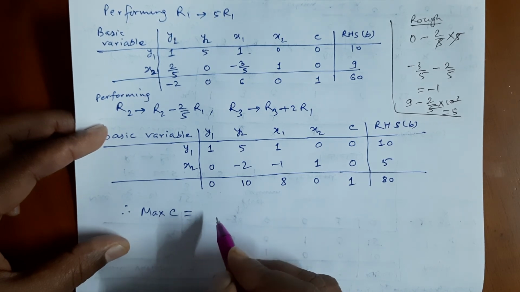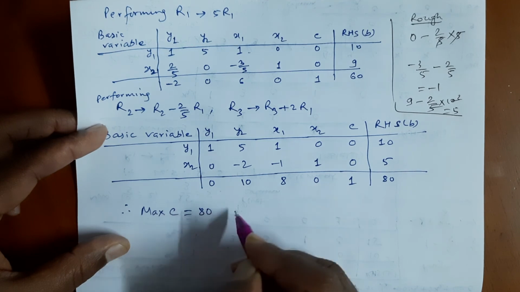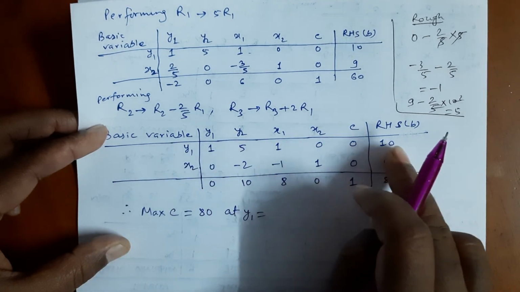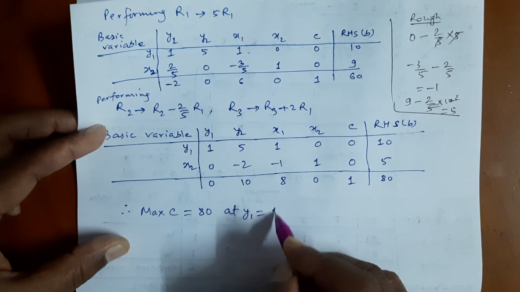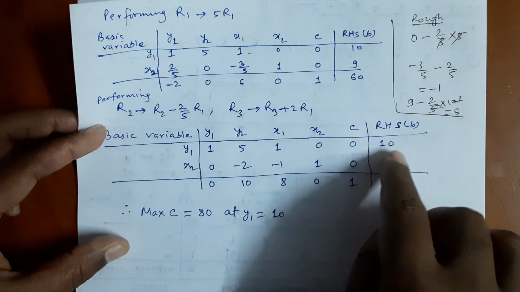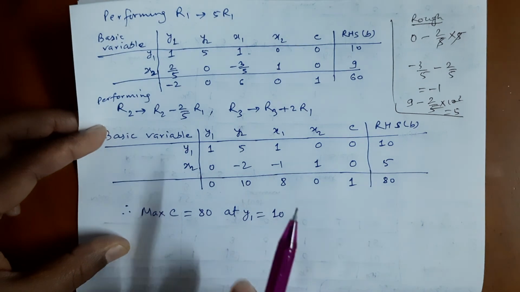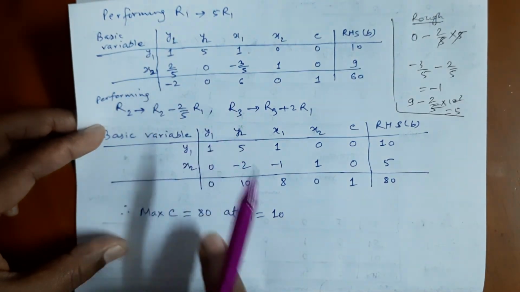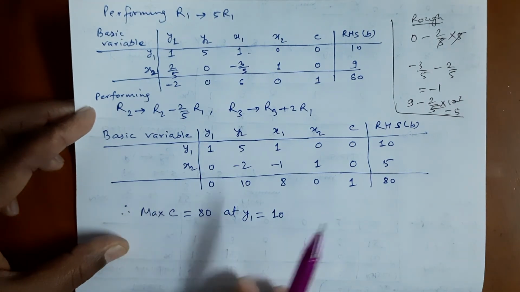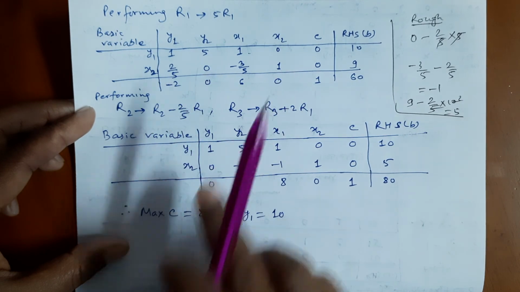So maximum C equals 80, and y1 equals 10 here. We have got y1 as 10 because here we have made it 1, and so y1 became the entering variable.